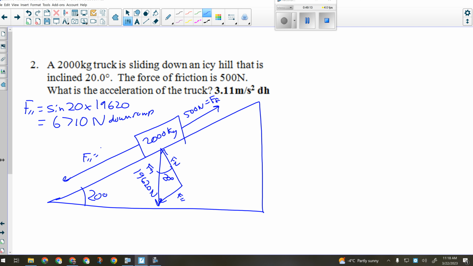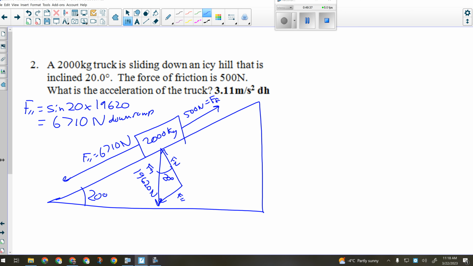Okay, so 6,710 newtons. Do I need the force of gravity anymore? Now I'm just dealing with up the ramp and down the ramp. I used the force of gravity to find the amount of force down the ramp, and now I'm done with it. So now I'm going to find the net force. How will I do that?